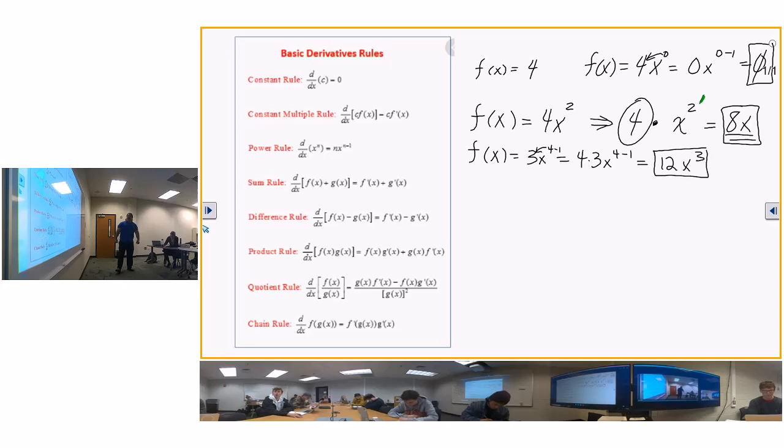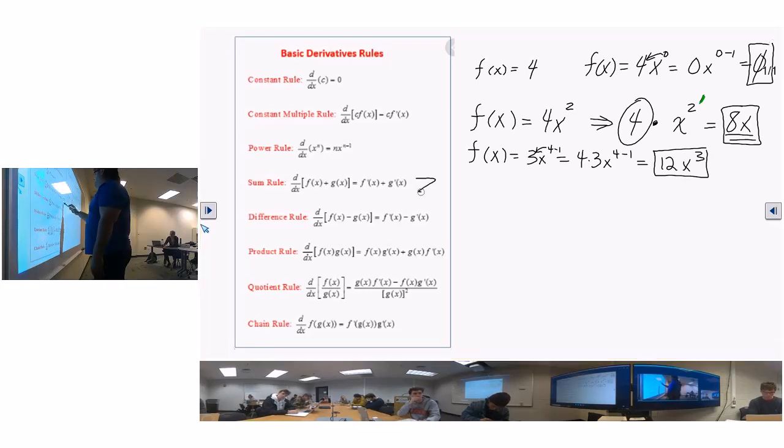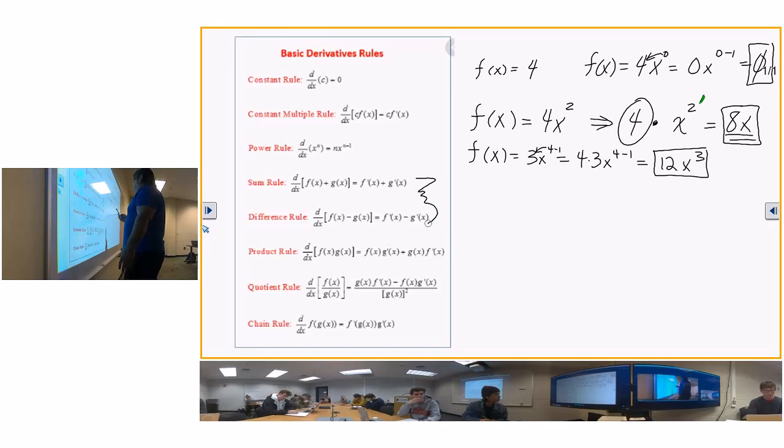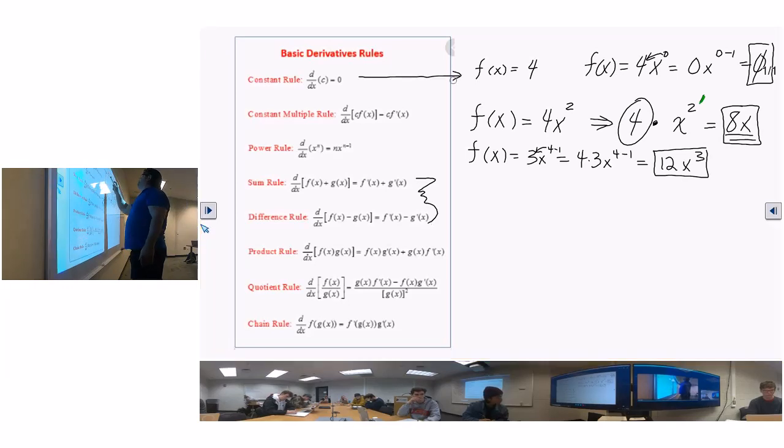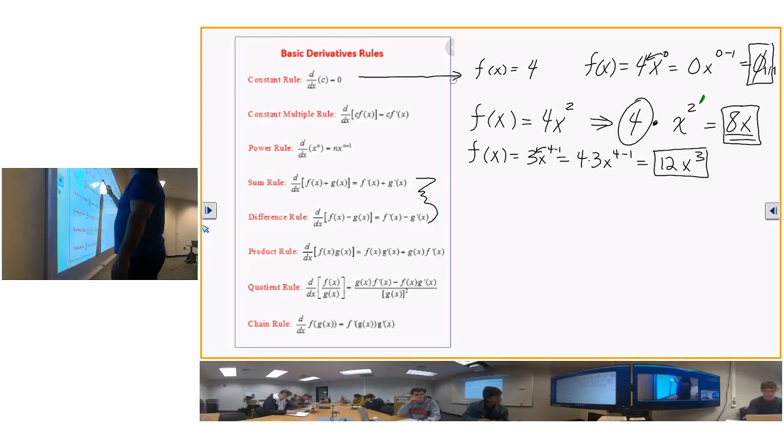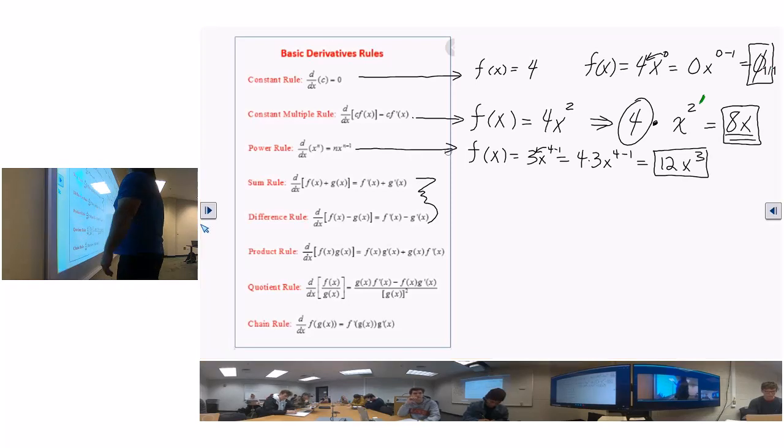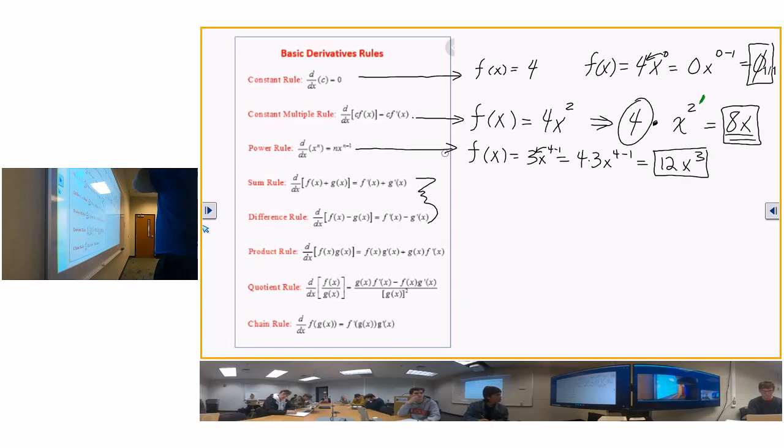So these two are kind of the same. These two right here are basically if you're just adding and subtracting. So we've got the constant rule, the pulling out a constant rule, and then the power rule. Now, these two basically are the same thing.